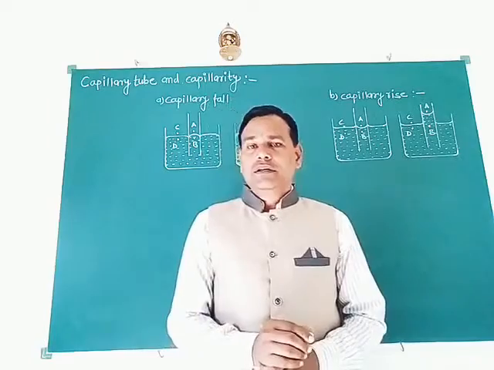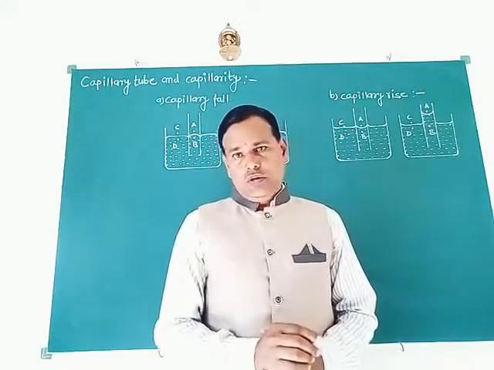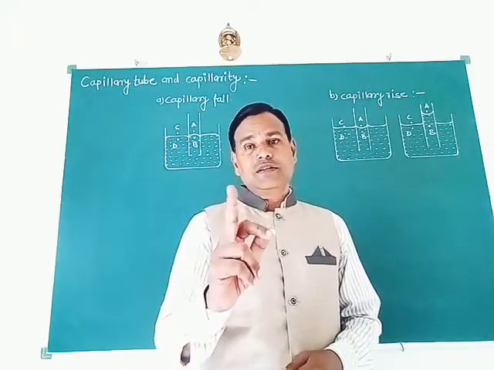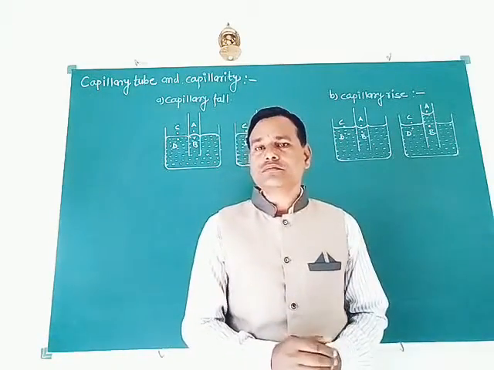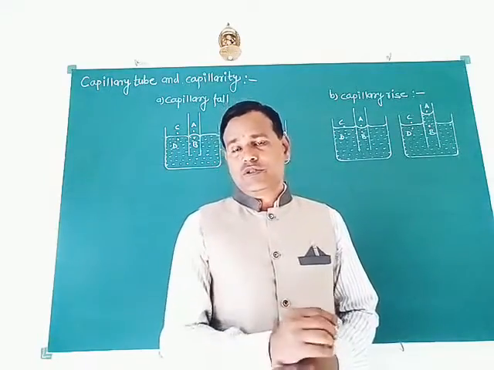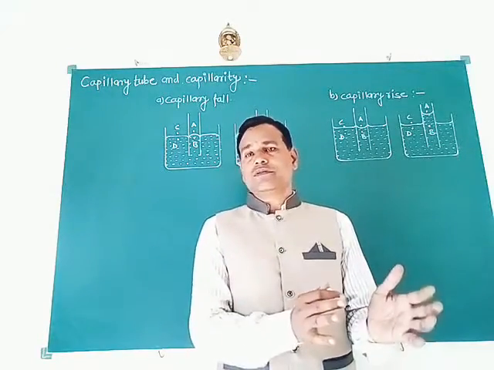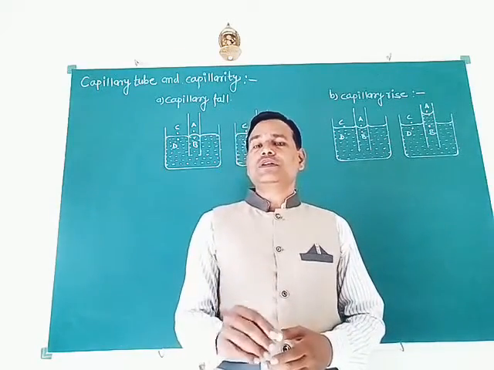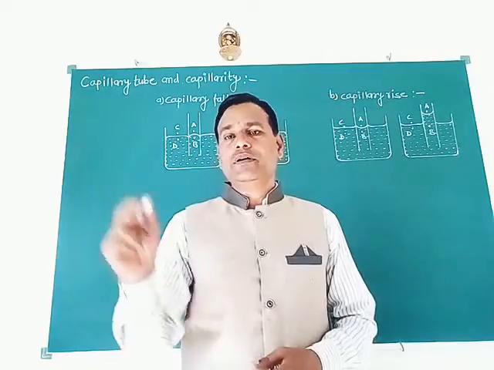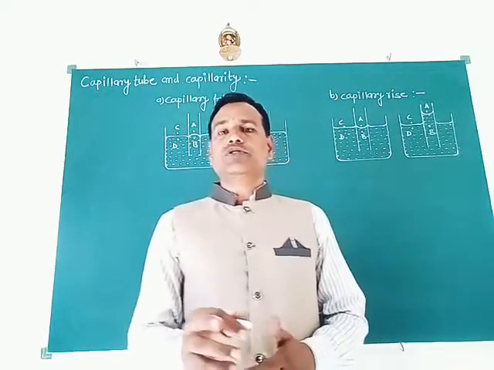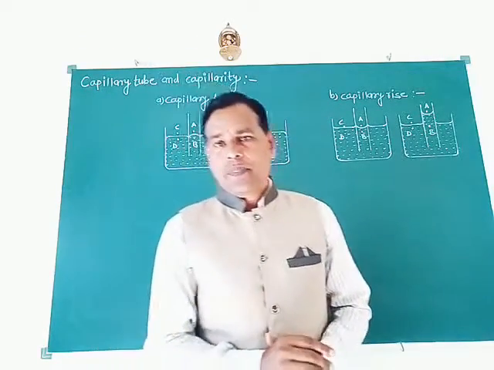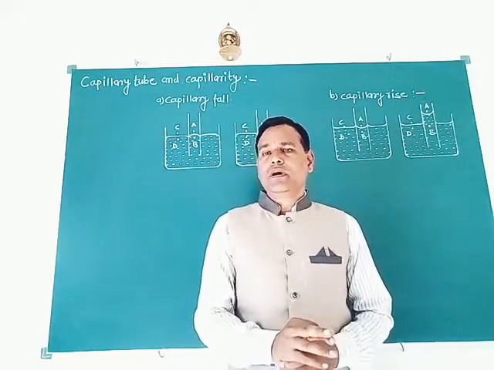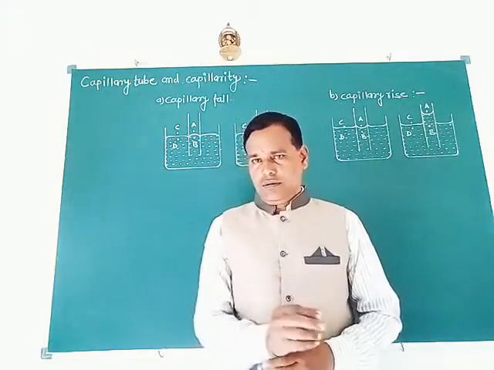That is Pi minus Po is equal to 2T by R in case of drop, since it has a single surface in contact with air, and for bubble as it has two surfaces in contact with air, inner surface and outer surface. Therefore, the excess pressure inside the bubble is 4T by R, where capital T is surface tension of the liquid and small r is the radius of the corresponding drop and corresponding bubble.